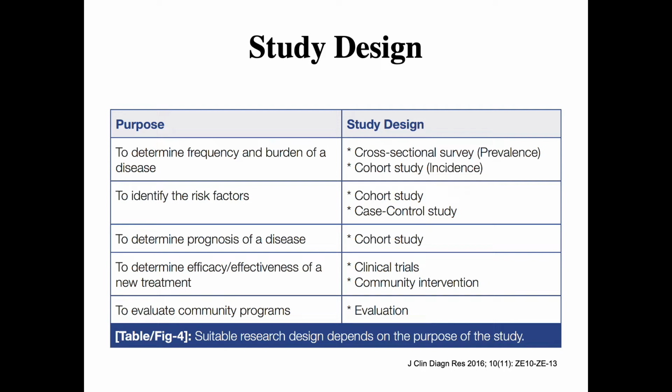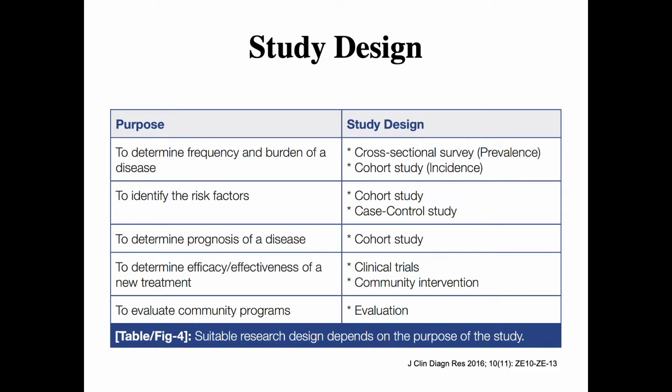Now, cohort studies can also tackle research questions that translate to objectives that determine the prognosis of a particular disease, for instance. Okay. Now, if we're trying to determine the efficacy or effectiveness of a new treatment, okay, then clinical trials are the way to go.